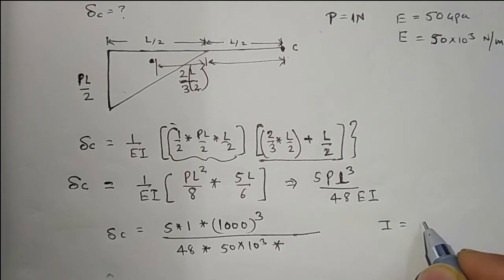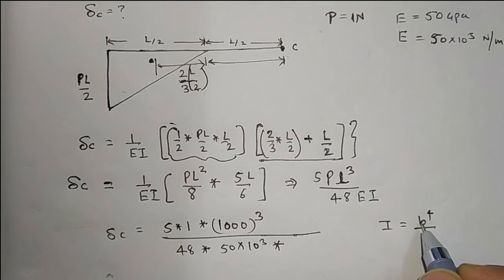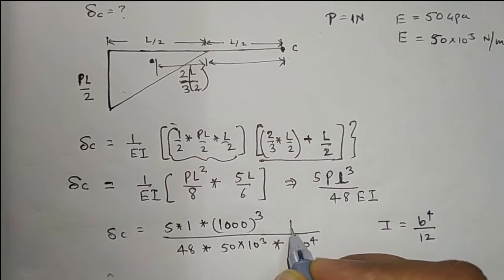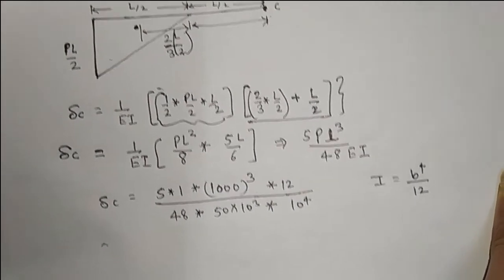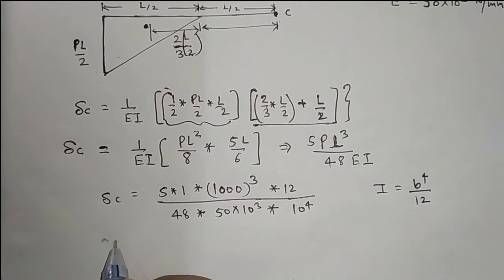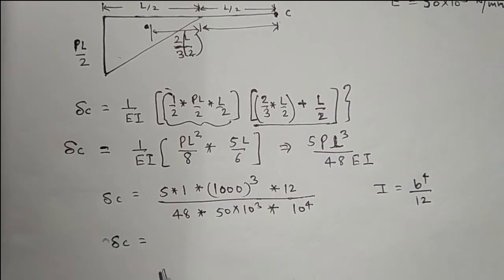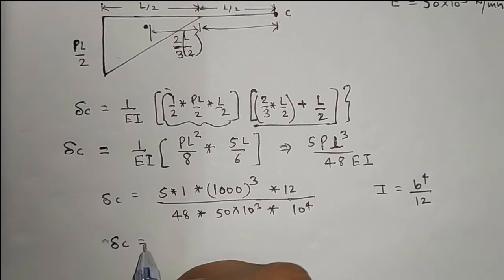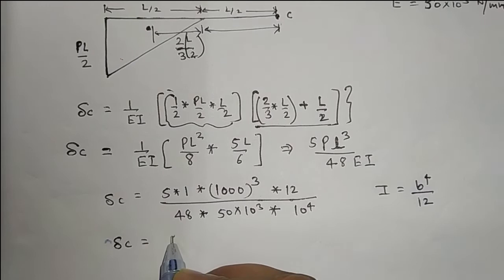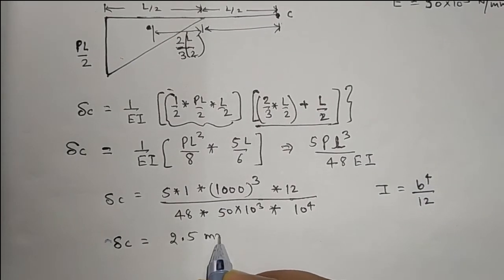I for a square section will be equal to, where B is the side of the square. After solving this, we will get the value of deflection at point C equal to 2.5 millimeters.